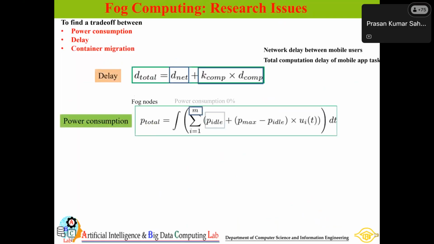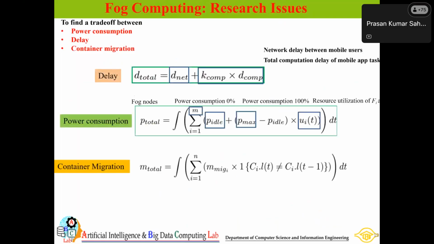Now we can see the research issues in fog computing. I have mentioned some part of my research here. I will not go into the details of the mathematics, but I'm giving an example of how we can analyze the fog computing environment using different mathematical models.